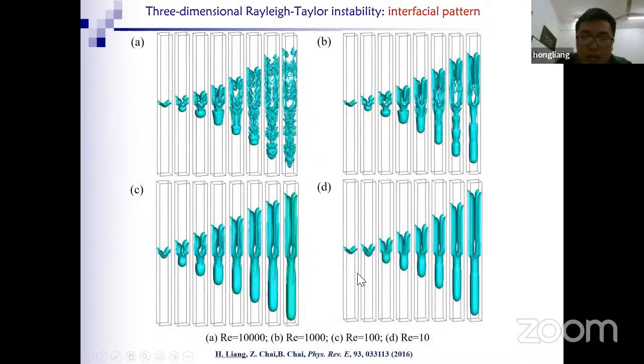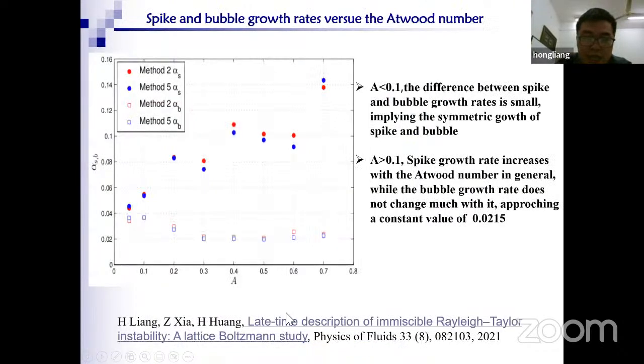We also measure the spike and the bubble growth rate for different Atwood numbers. We can find a conclusion that for very small Atwood numbers, the difference between the spike and the bubble growth rate is very small, implying the symmetry of the growth of the spike and the bubble.